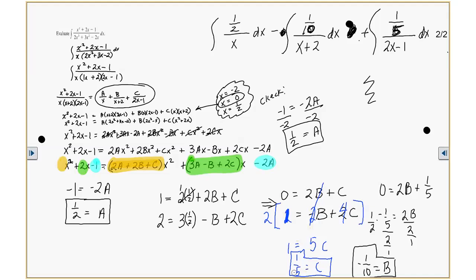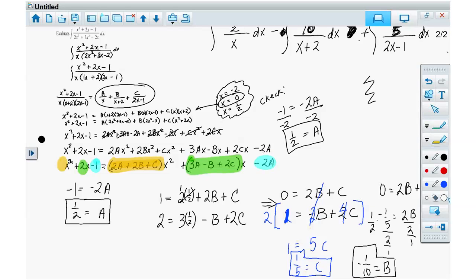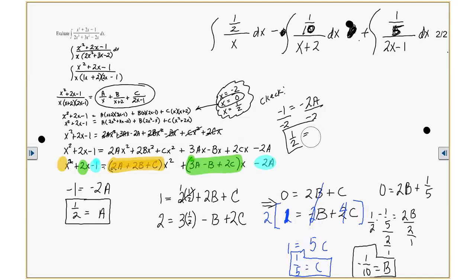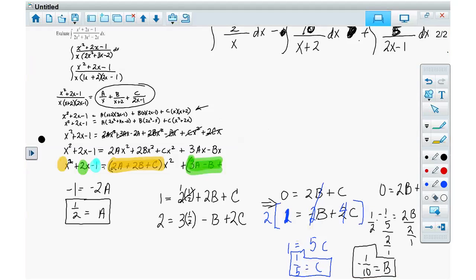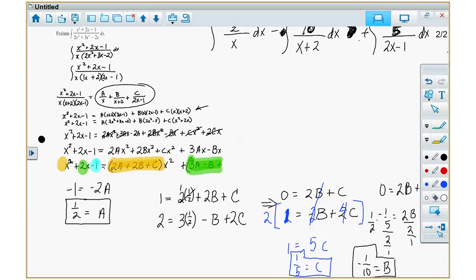So I'm going to erase this. I'm going to pull the coefficients out, of course.